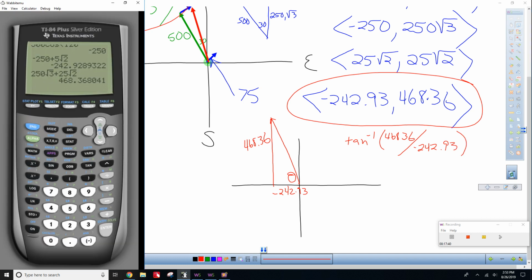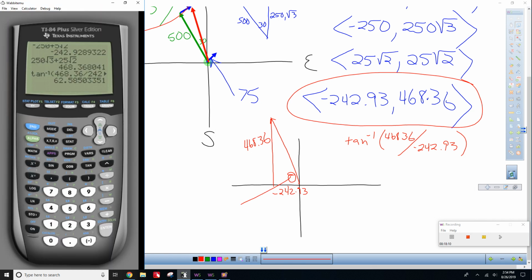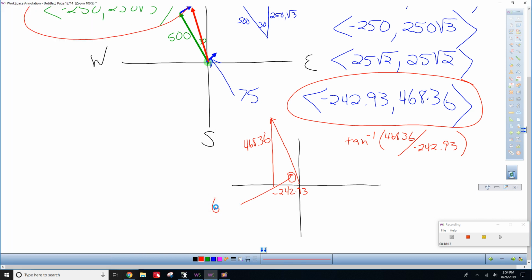Second, tangent 468.36 divided by 242.93. All right, I'm going to leave it positive, and I'll tell you why I'm doing that in just a second. Enter. So you know that theta, this angle, is 62.6 degrees.